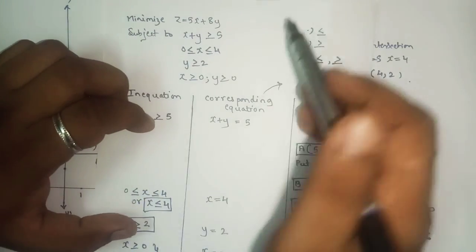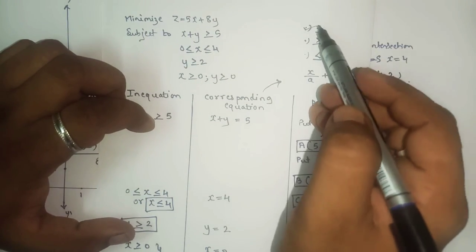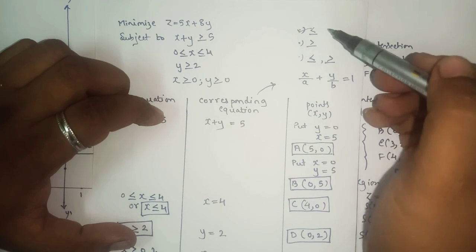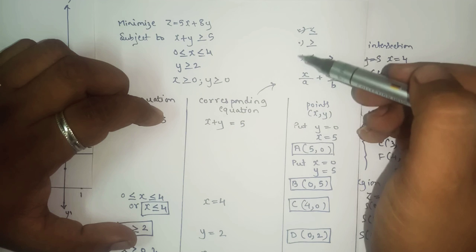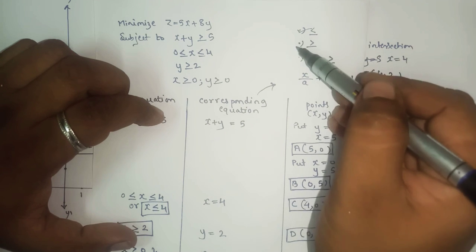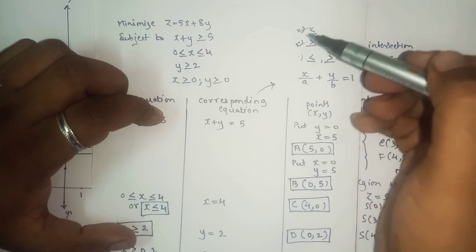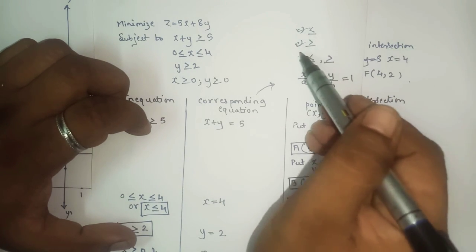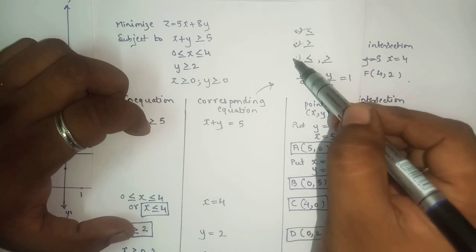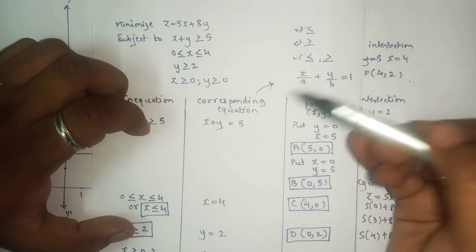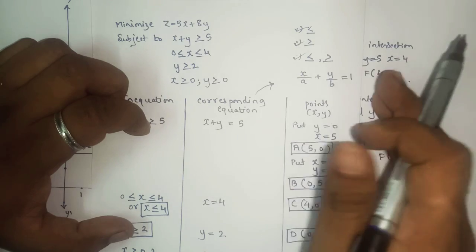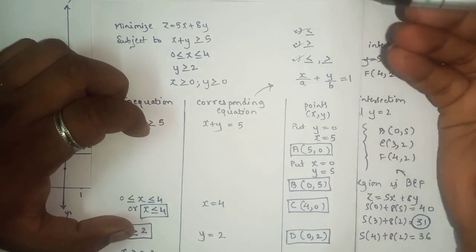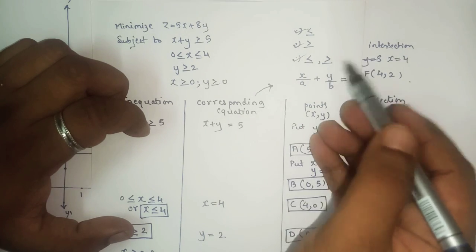Now we are connected with the first type, where we have two or more linear inequations and the connection is less than or equal to. We also saw when we have two or more linear inequations and the connectivity is greater than or equal to. And the third type, where we have two or more linear inequations and the connection is both less than and greater than or equal to.